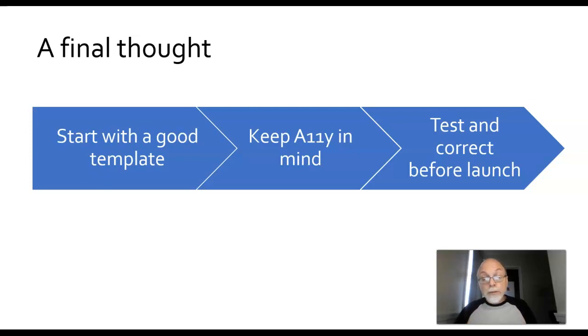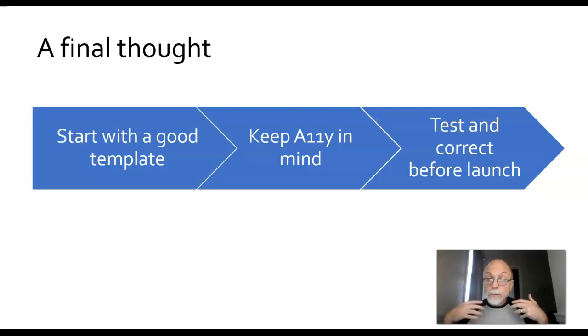As we move forward in the semester, I will give you some templates to use. And the templates are created to be accessible up front. So again, in terms of suggestions for your future work life, start with a good template, one that has addressed as many of the accessibility issues as a template can. And then as you develop, keep accessibility in mind.